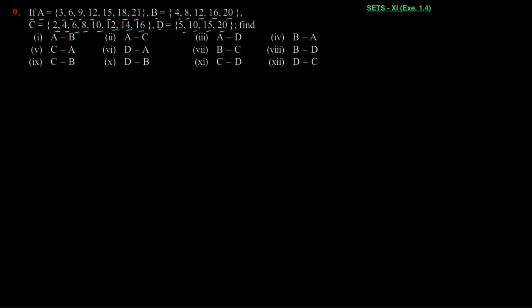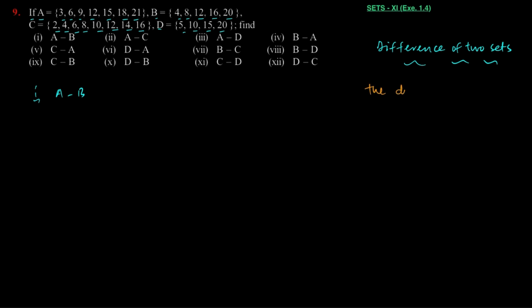So we'll have to find part number first, A minus B. So this question is based on difference of two sets. So what do you mean by difference of two sets?